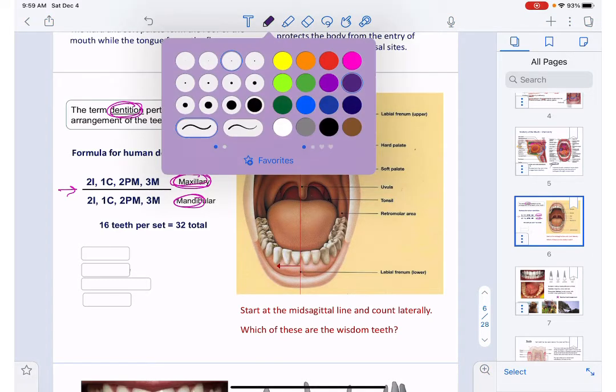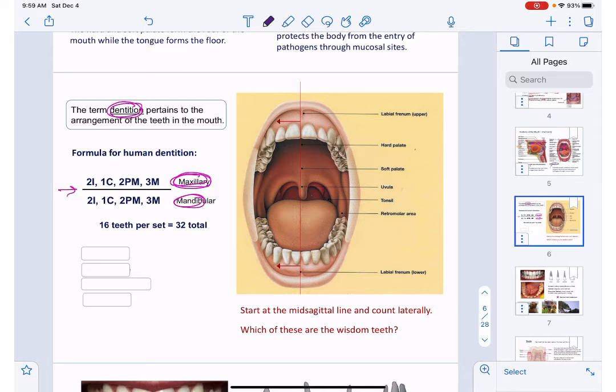Get a darker color. There we go. So let's start with the maxillary set. And we'll draw our mid-sagittal line. And according to this formula, the first two teeth that we encounter are labeled 2I. What do you think that I stands for? That stands for incisor.